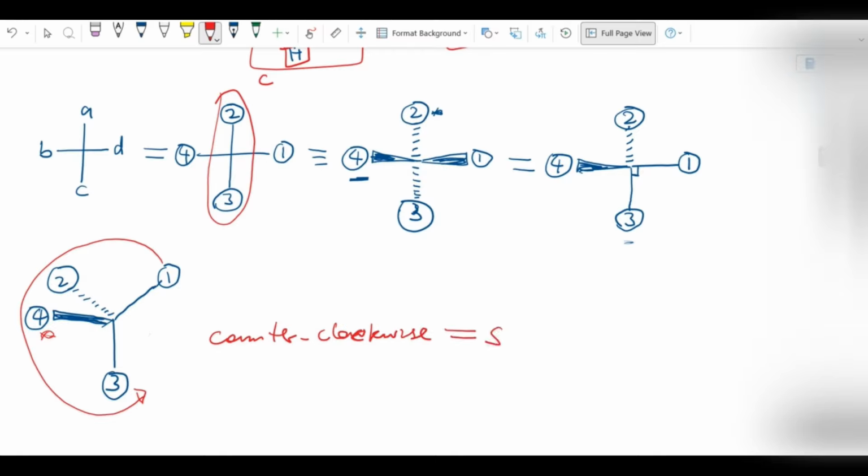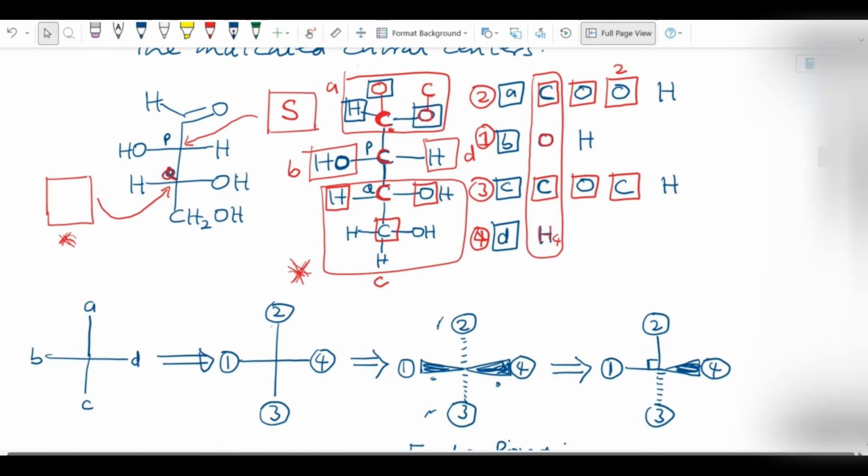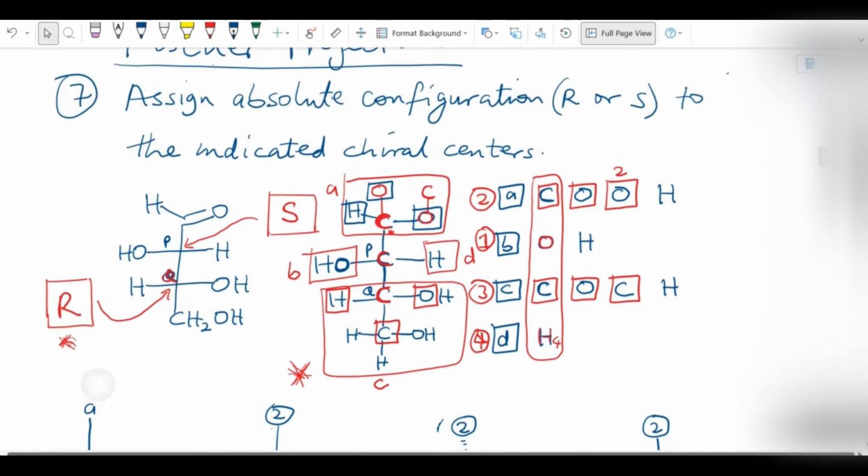Counterclockwise means S. If you invert it, you should have our absolute configuration. I will then go ahead and place our configuration in this box. And this will be the solution to this problem.